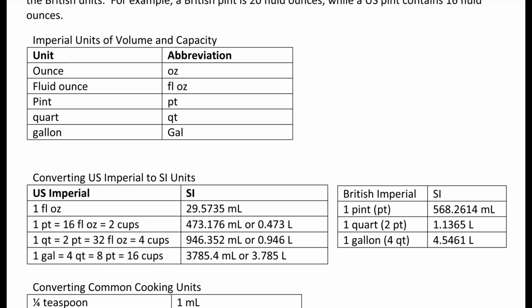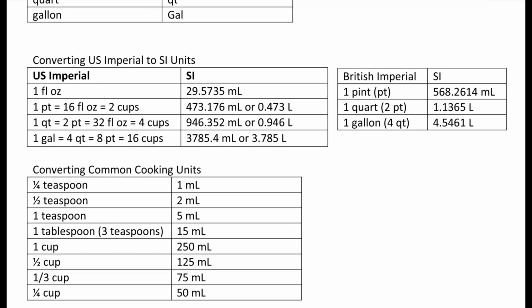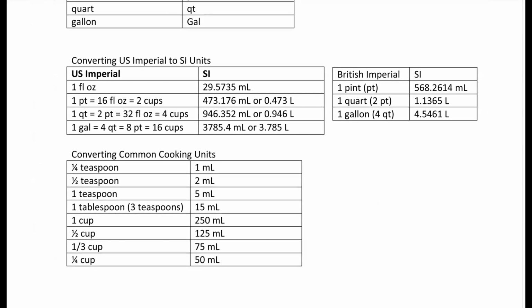So we have on the left-hand side the unit and then their abbreviation. Ounces is OZ, fluid ounces is FLOZ, then we have pint is PT, quarts is QT, and gallon is GAL. And then we also have the conversion for the US imperial to SI units.